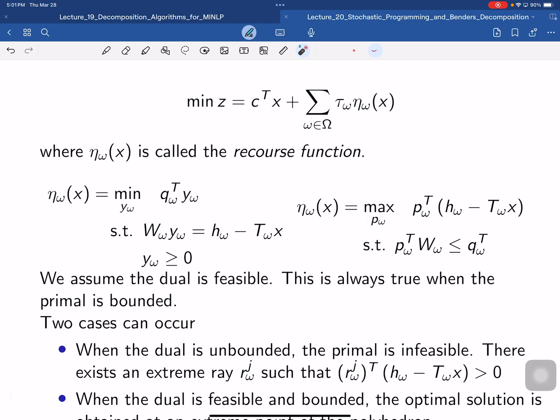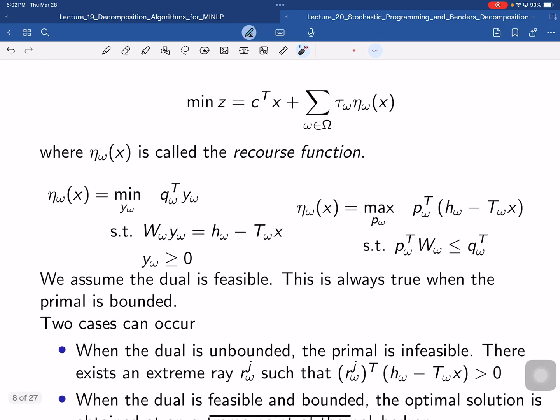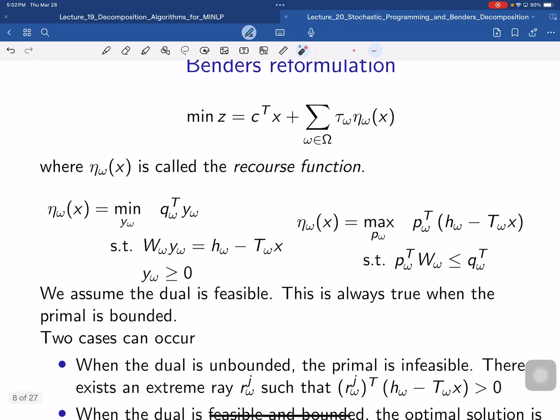We talked about that before, but maybe people have forgotten. That means there exists an extreme ray that will take the objective to infinity. You can go along this extreme ray, and the product of the extreme ray with the objective is strictly greater than 0. We will revisit what an extreme ray is next.